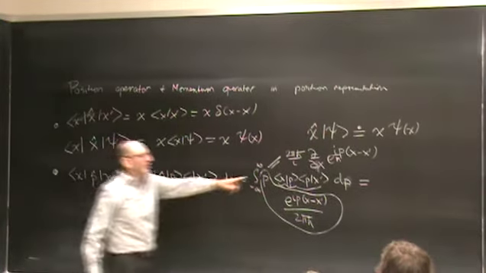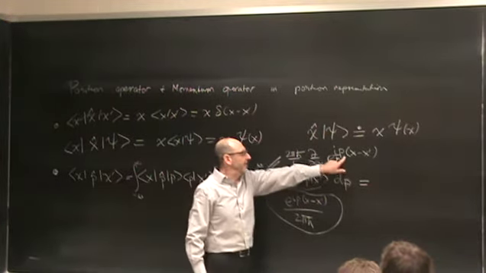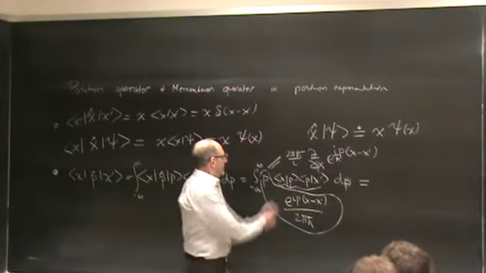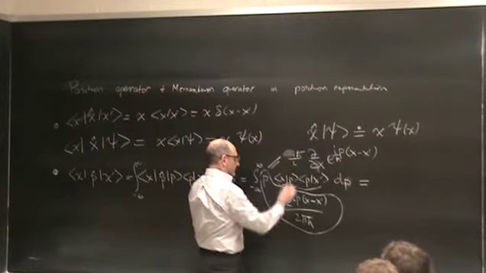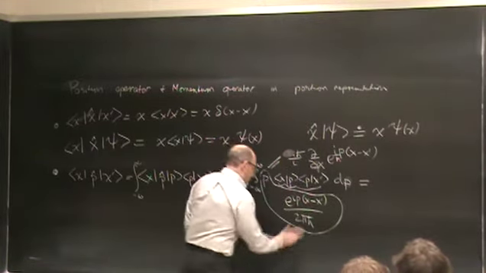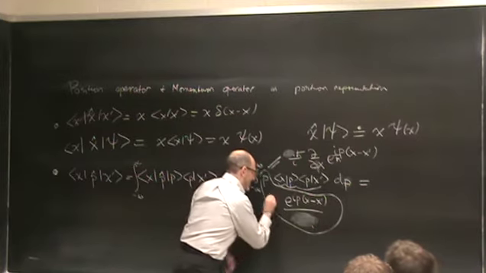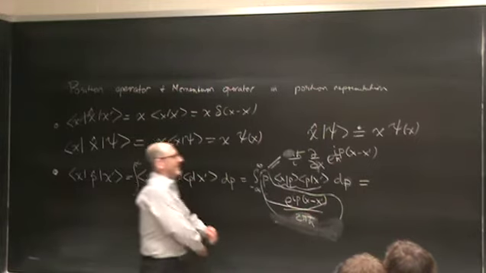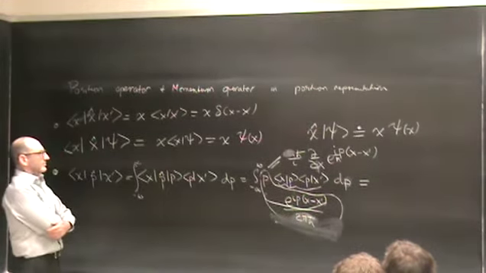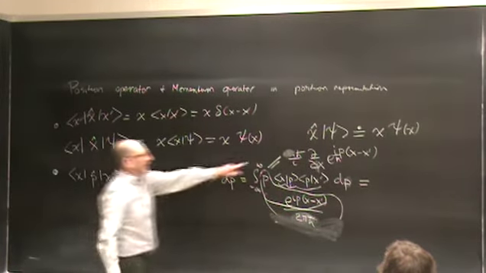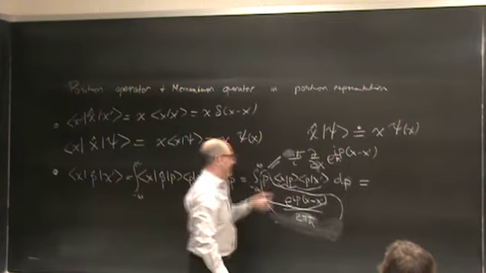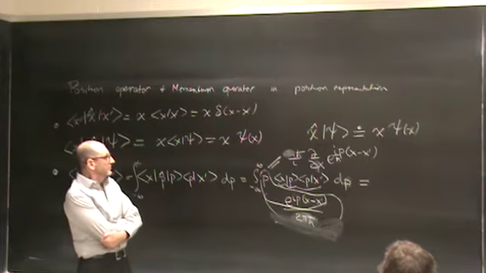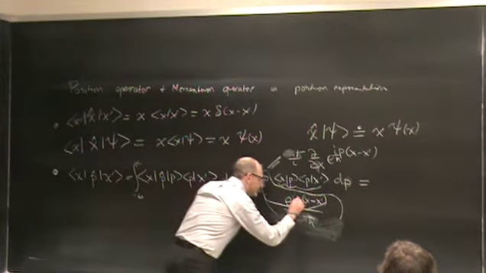If I take the derivative of this with respect to x, it brings down an i over h bar, which cancels, and I get a p. Is there an h bar in the exponential, e to the i p over h bar? Yes, it is, thanks.